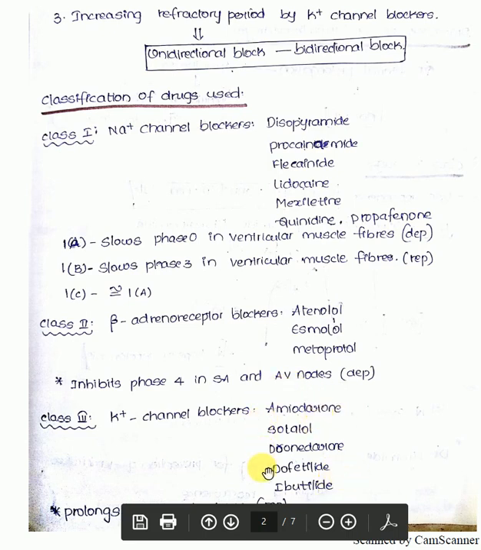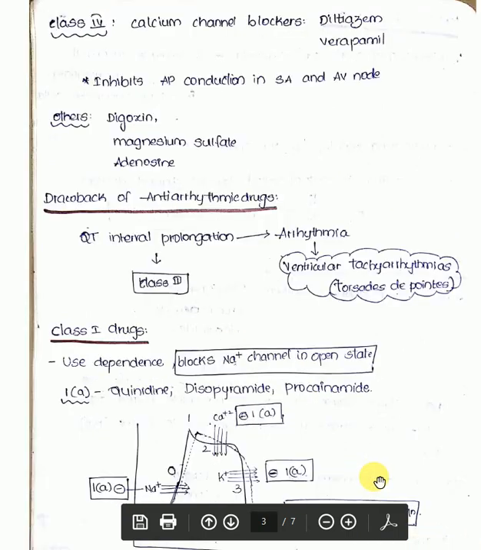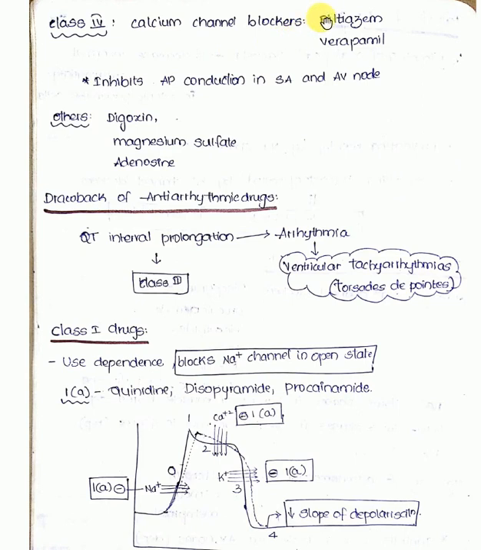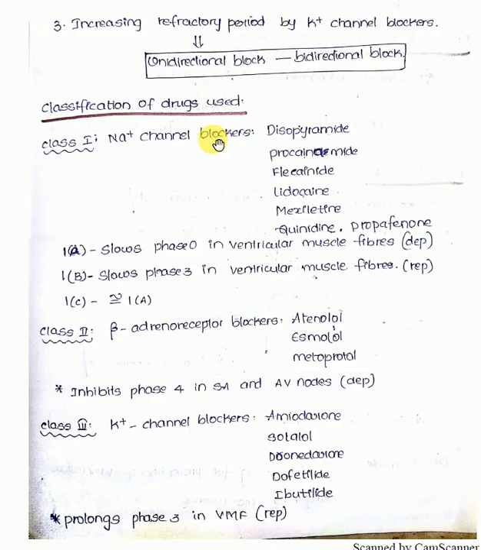And class 4 drugs are calcium channel blockers. Examples are diltiazem and verapamil, the non-dihydropyridine calcium channel blockers. And others, that is, miscellaneous: digoxin, magnesium sulfate and adenosine. These are the classification of the drugs that are used in case of arrhythmia.